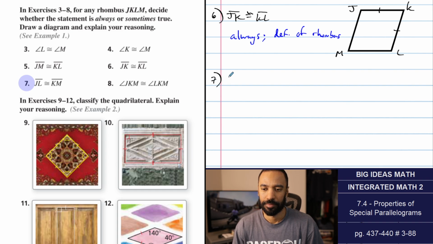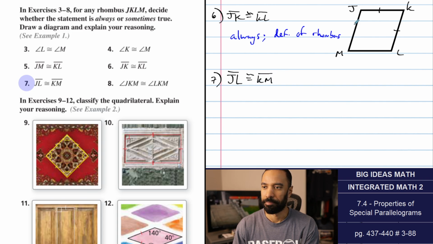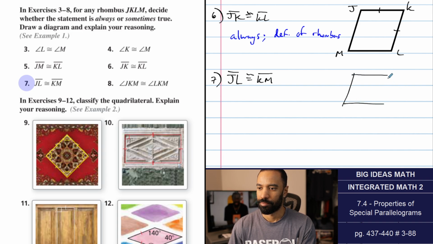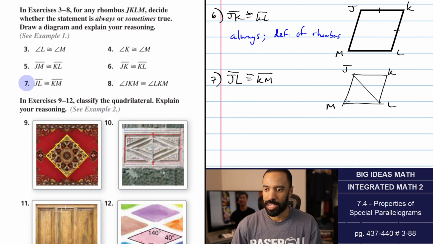Well, JL congruent to KM. So in this set, let me just draw it fast. So here's J, here's K, here's L, here's M. Currently, we're talking about the diagonals, this guy and this guy.